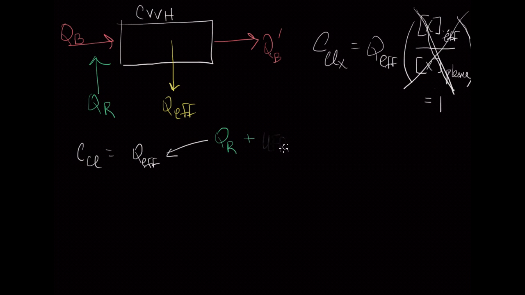Since it's coming from the patient, let's color it red. There we go. So your effluent is really your replacement fluid and whatever extra you remove from the patient, your ultrafiltration rate. Now you set this, so you know what this is, and you also set this. And so you have a way of calculating your effluent by simply adding these two parameters together.